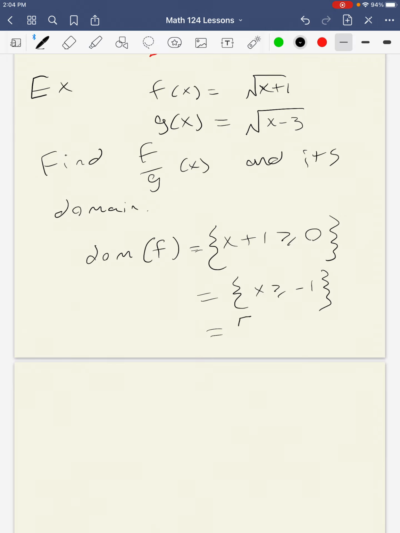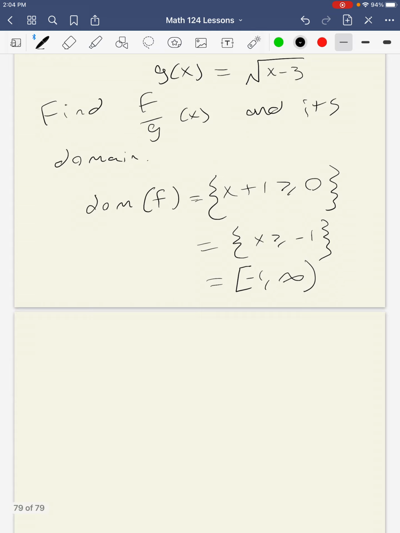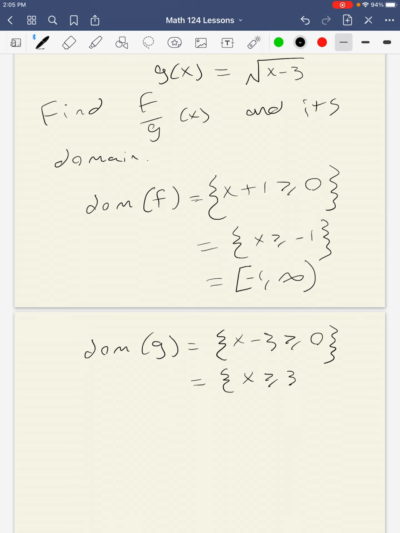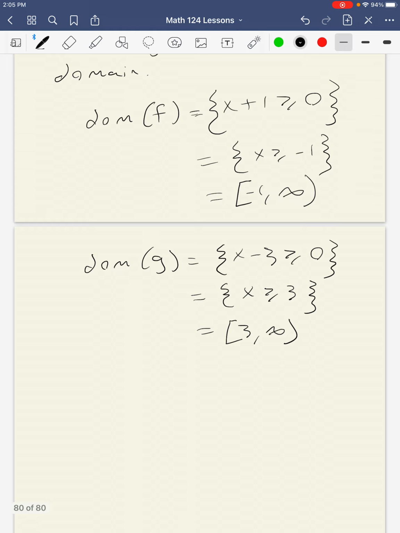If I put that in interval notation, -1 to infinity. The domain of g is the set of values where x minus 3 is greater than or equal to 0, which is when x is greater than or equal to 3, or in interval notation, 3 off to infinity.